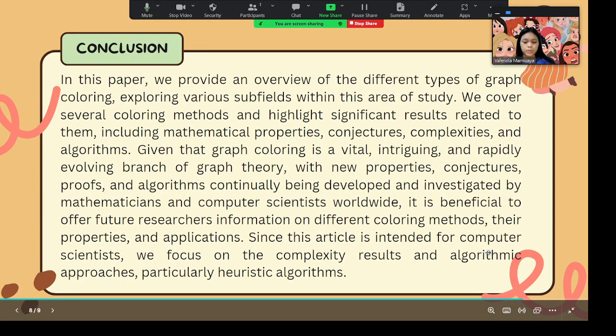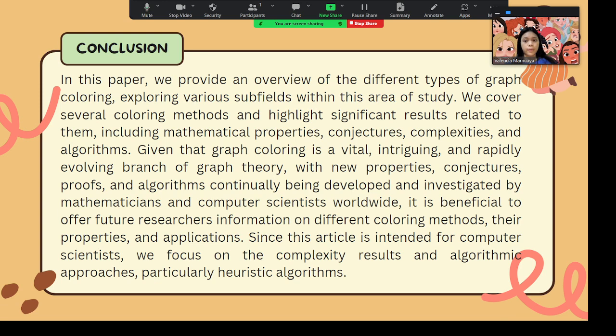Next, conclusion. In this paper, we provide an overview of the different types of graph coloring, exploring various subfields within this area of study. We cover several coloring methods and highlight significant results related to them, including mathematical properties, conjectures, complexities, and algorithms.